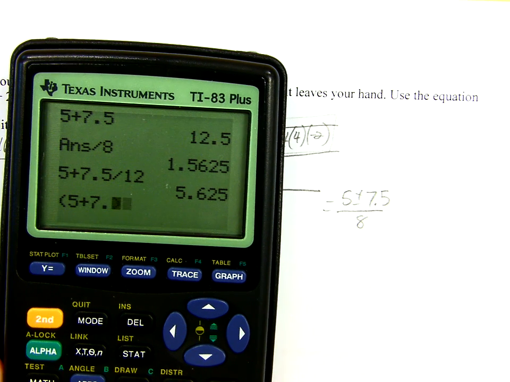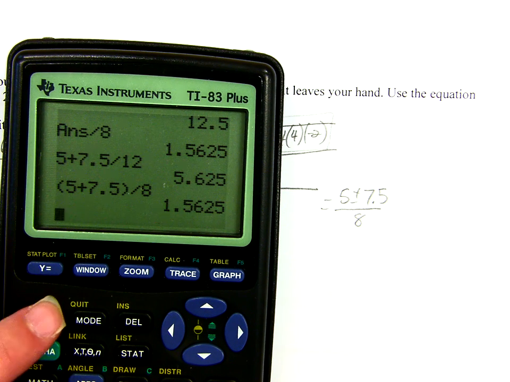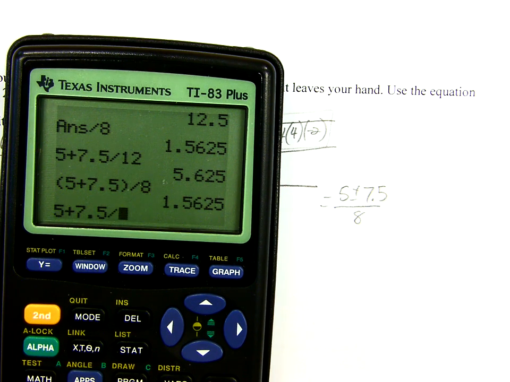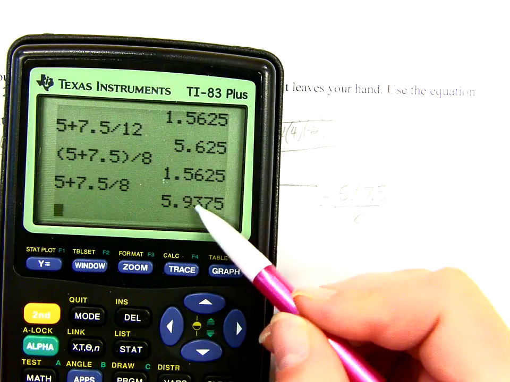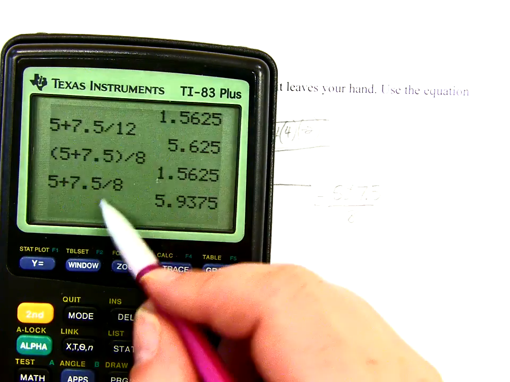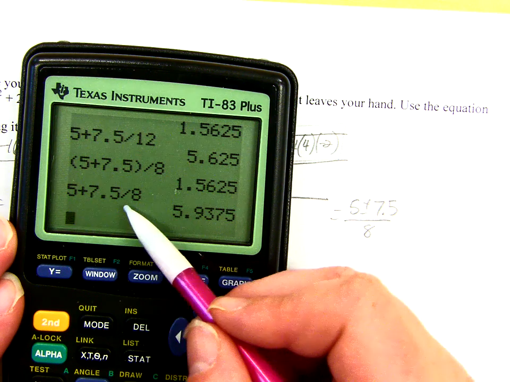So the only way you can do it all in one step is if you use parentheses. If I did 5 plus 7.5 divided by 8, see? Different, right? It's supposed to be 1.56.